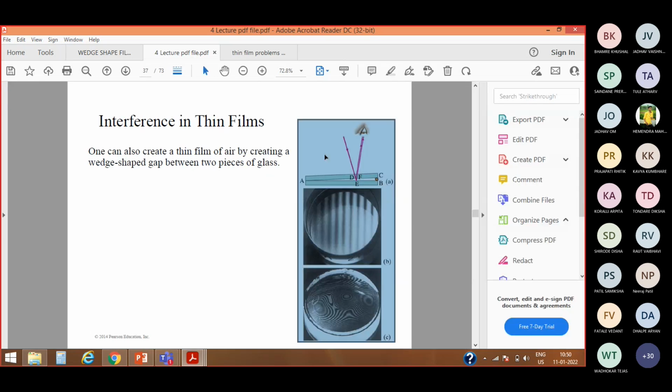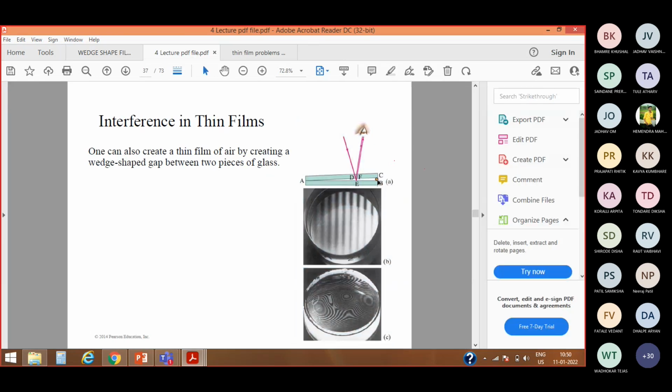This yellow color is the wire between the 2 glass plates. So there is an air film between these 2 glass plates. If you see normally from the top side of this glass plate, then you will find that interference of light is taking place.